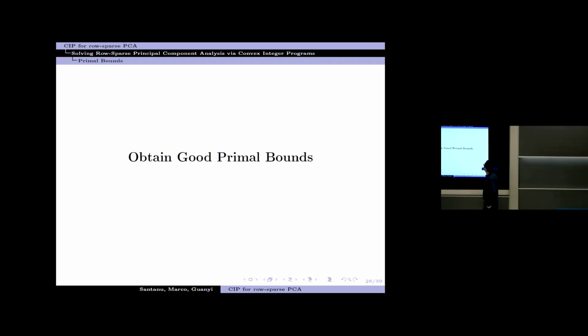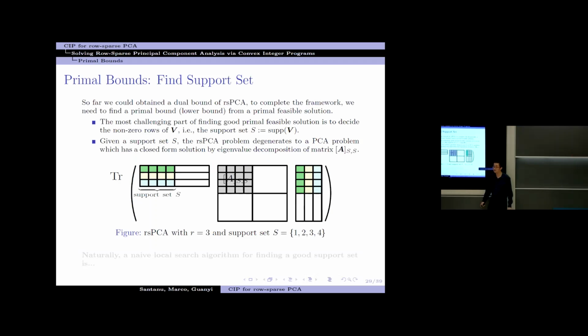Okay, now in the previous part we obtained good convex dual bounds. And now we would like to consider how to obtain good primal bounds.